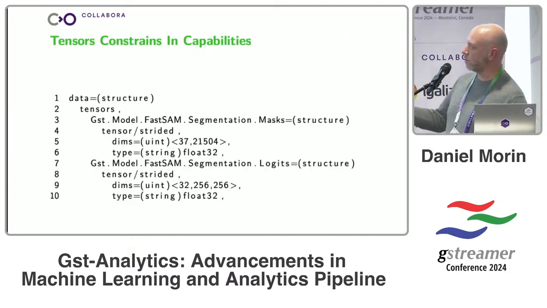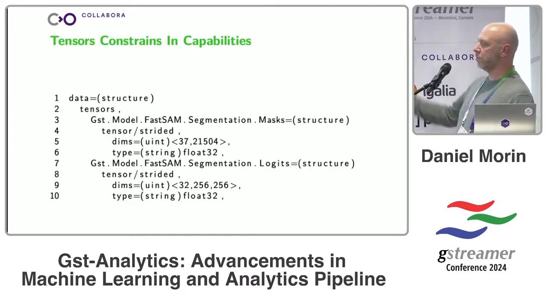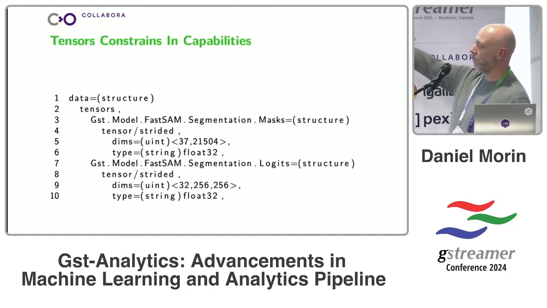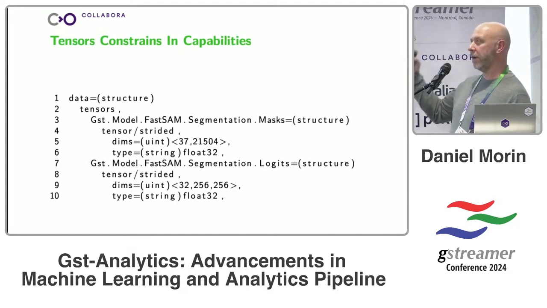Here's an example of a capability representing the two tensors we were looking at before. In the inner part we have the generic properties, but there's a longer string there which uniquely identifies one tensor from the other.